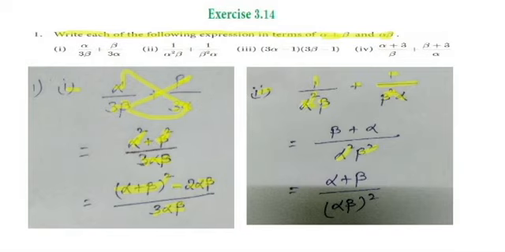Okay. As usual, you should make the denominator same. So alpha square beta square, but here alpha square beta alone, so one more beta we need. So we are going to multiply both numerator and denominator by beta. If you multiply that, you will get beta, and this plus comes here, and then here beta square alpha, square beta. So we need one more alpha, so we have to multiply both numerator and denominator by alpha.